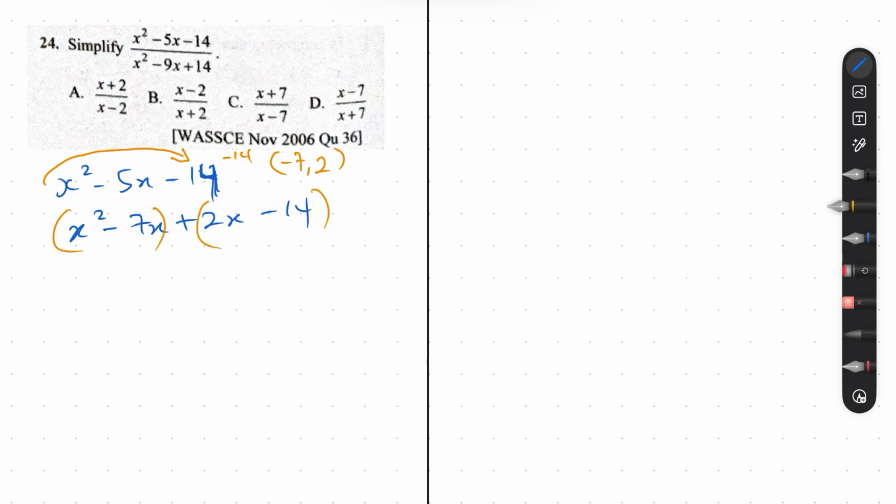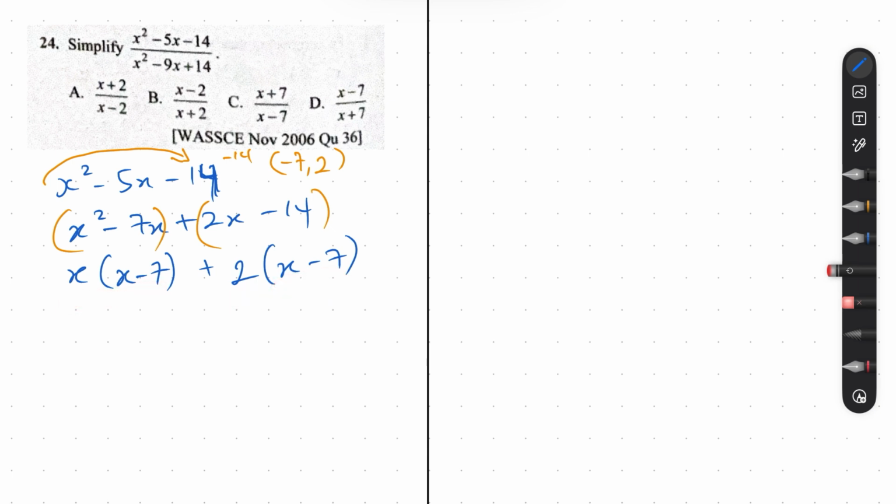So now what factor is common here? x, right? x is common, and then we'll be left with x minus 7 in the bracket. Then on the right-hand side we can factor out 2, then we are left with x minus 7. Now from this expression and this expression, what is common? x minus 7 is common, so we can factor that out.